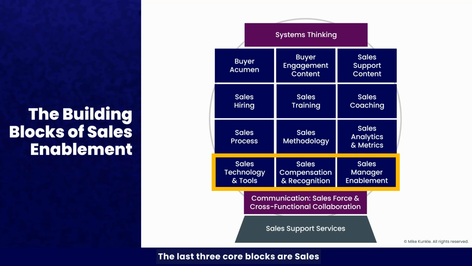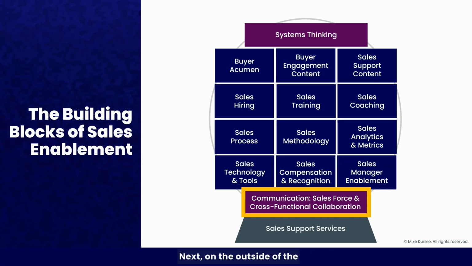The last three core blocks are sales technology and tools, sales compensation and recognition, and sales manager enablement. There is a lot more behind sales manager enablement than this size box would lead you to believe, but we'll get into that in a few minutes.